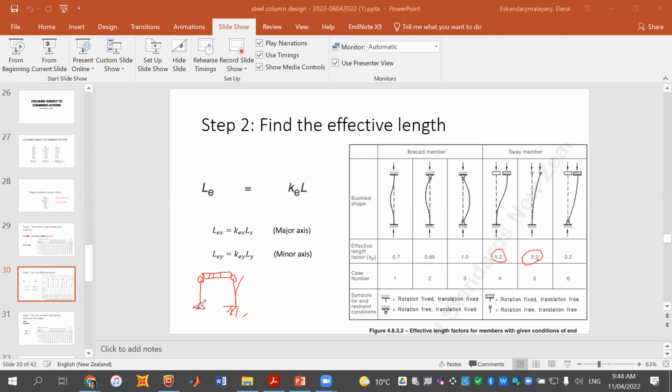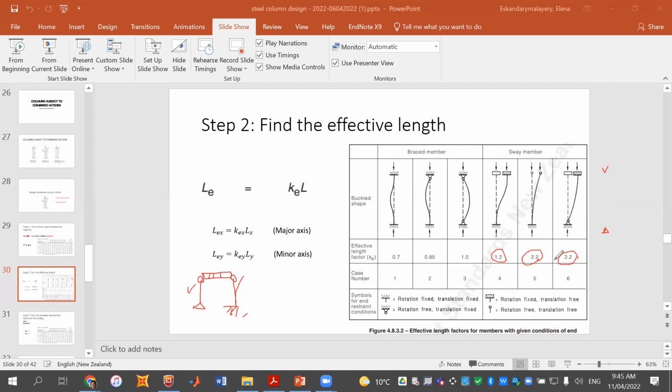And for the other case, because one end can move and the other end cannot move, so we can consider this case, because if you want to consider two like this, you will fix the horizontal movement. So you can consider this case for the other column.